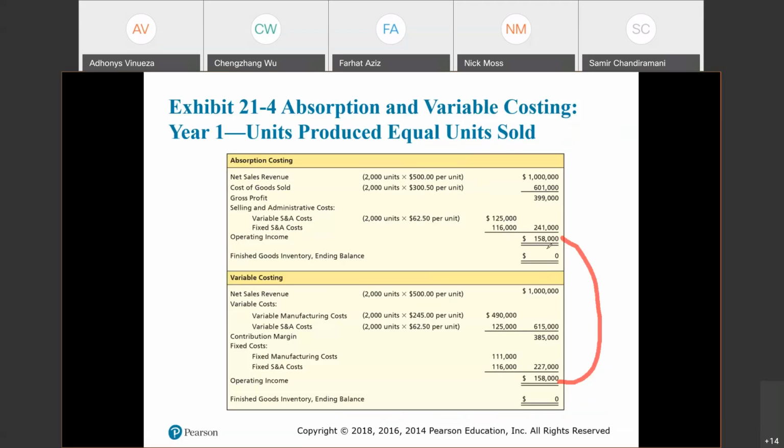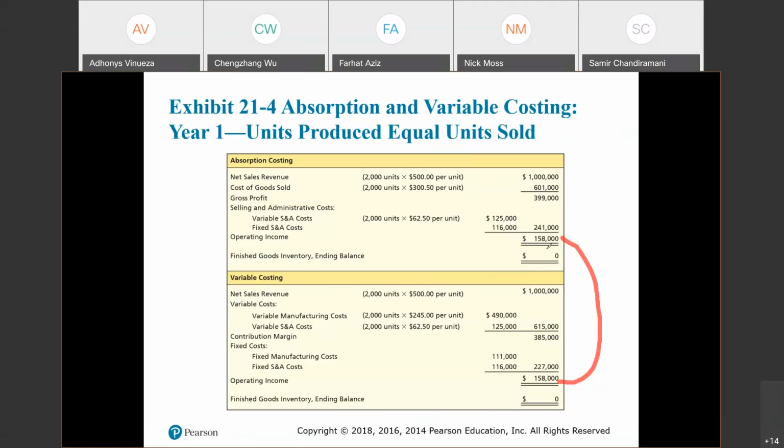We use the same amount of net sales revenue, which is $1 million, calculated as 2,000 units times $500 per unit.